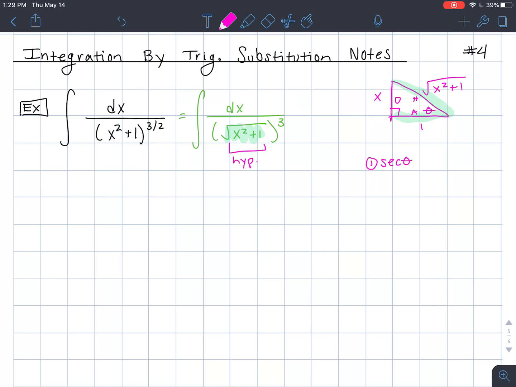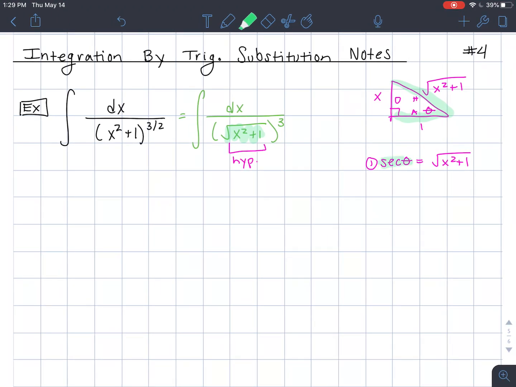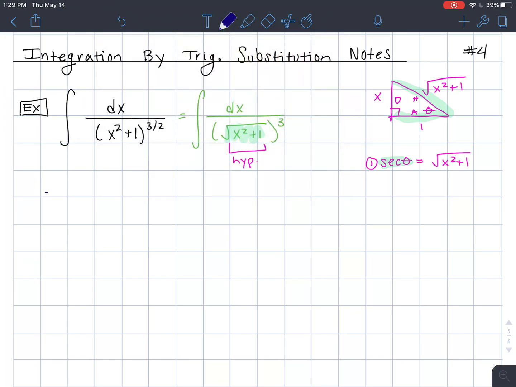So I'm going to let the secant of theta be equal to the square root of x squared plus 1 over 1, which is just the square root of x squared plus 1. So now I can replace this with secant of theta, and I get the secant of theta all cubed in the bottom.